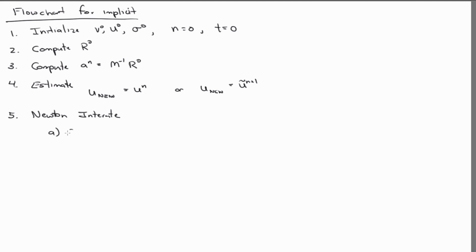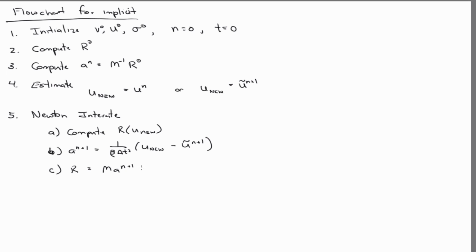So in the Newton iteration, we're going to compute this and this and this, which should be just capital F, where F is equal to the force internal plus the force external.